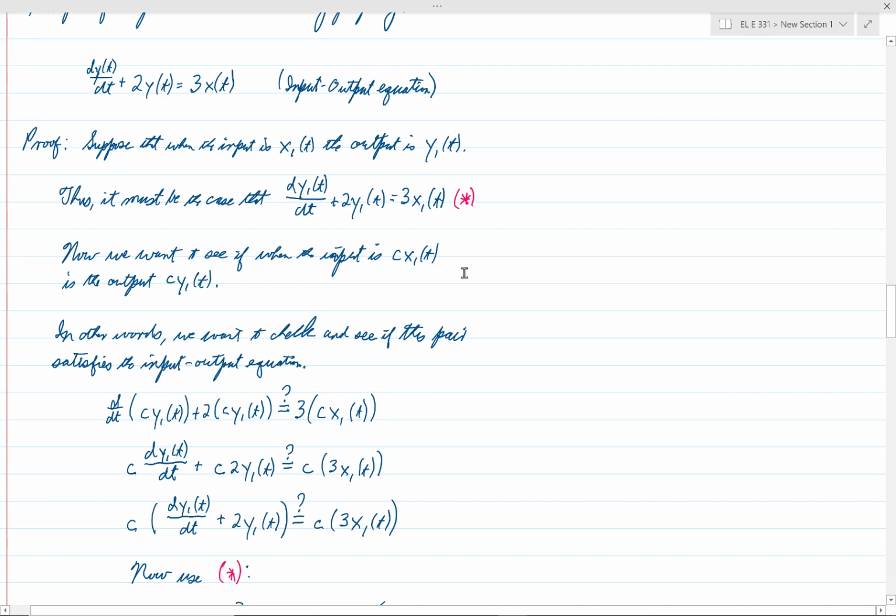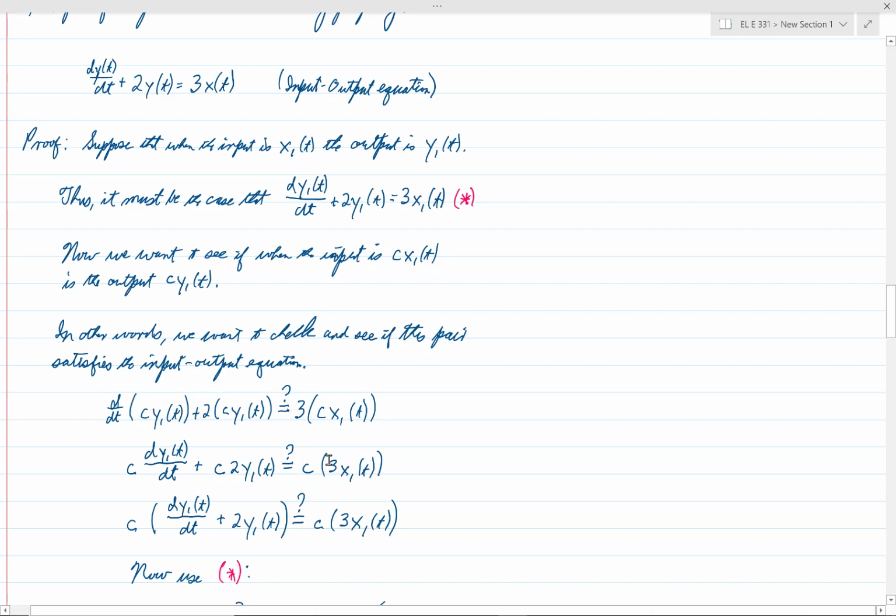Okay, and the way to check is just to plug in cx1 for the input and cy1 for the output in this input-output equation and see if we get something that's true. And so that's what we've done here: we have plugged in cy1 everywhere we have a y on the left-hand side, and we've plugged in cx1 everywhere we have x on the right-hand side. And I don't know yet if it's true or not, so I'm putting a question mark over the equal sign.